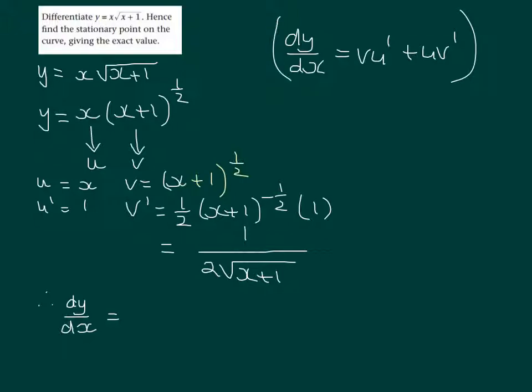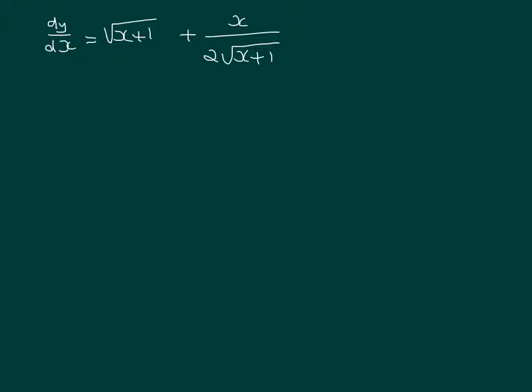So if I substitute all that in, v is x plus 1 to the half, u dash is 1, don't need to write that, plus u is x, and v dash is this fraction over here. So tidy it up, that's what the derivative looks like. And now we've done the first part, and then it says hence use this to find the stationary point.